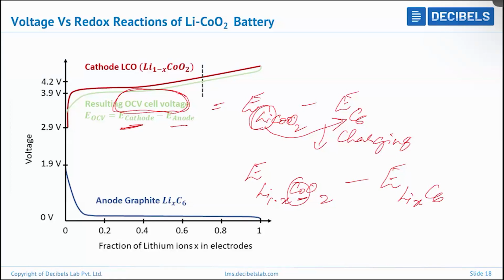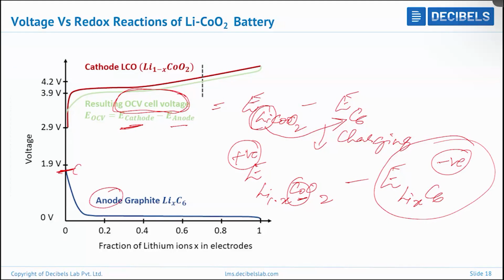So here this is becoming negative, and this is becoming positive. Initially, this is C6 and this is LiCoO2, the initial voltages of this anode and cathode.